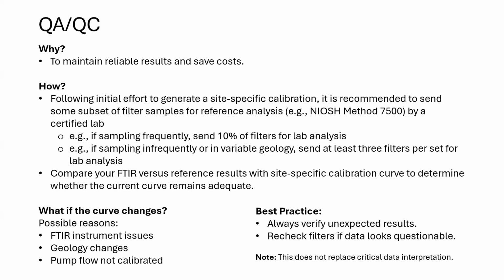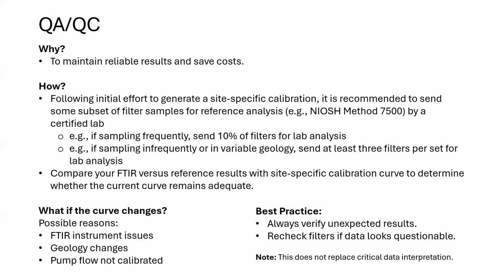Lastly, you should develop a quality control and assurance plan. With this technique, you save a considerable amount of your analysis cost, but you still verify your results. Following the initial effort to generate a site-specific calibration, it is recommended to send one filter to a certified lab for reference analysis, such as NIOSH method 7500, for every 10 filters you collect, and compare the results with your current calibration curve.